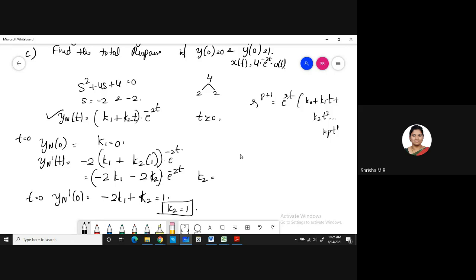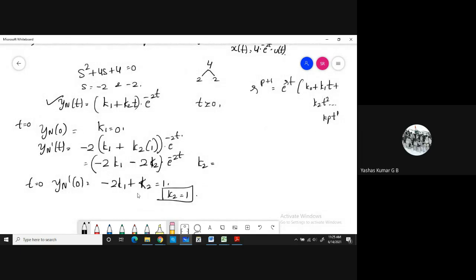Okay. So now we have got, ma'am, differentiation is correct, ma'am. yn dash of t, ma'am, minus 2 into k1 plus k2 into 1 into e power minus 2t. No, ma'am, we have to use the UV rule for differentiation here.